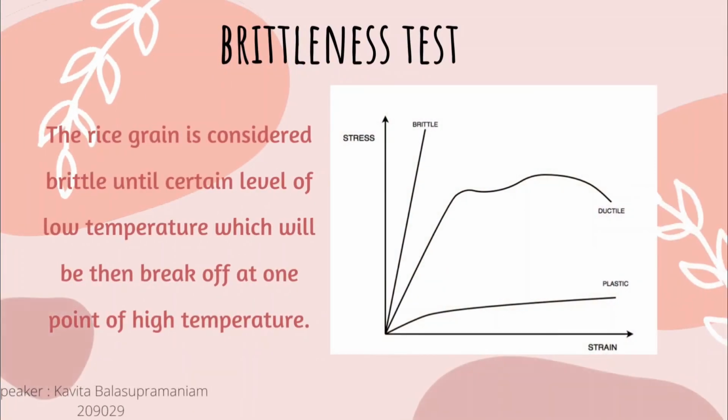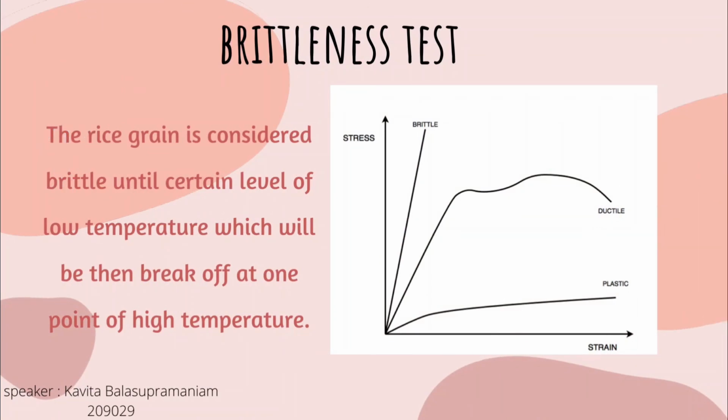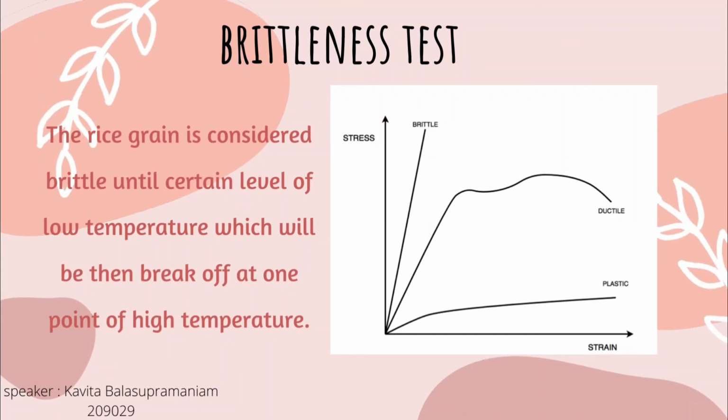Now, as we can see in the stress versus strain graph, brittle, ductile, and plastic. Actually, the rice grain is considered brittle until a certain level of low temperature, which will then break off at one point of high temperature.